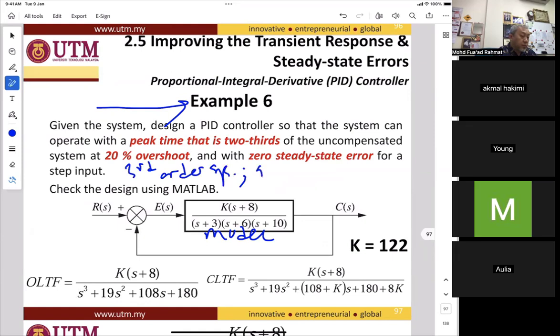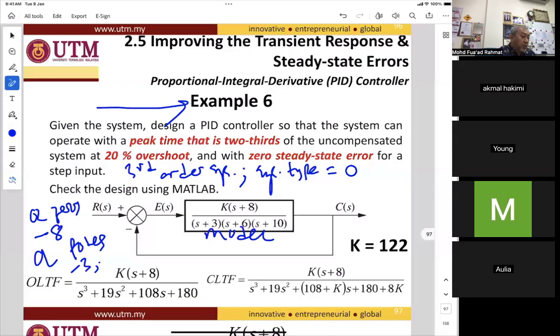System type is equal to 0. Open loop zeros is -8, and open loop poles is -3, -6, and -10.